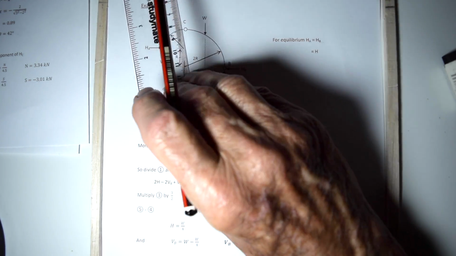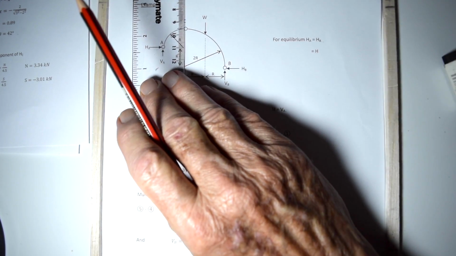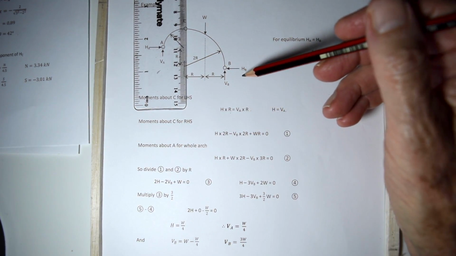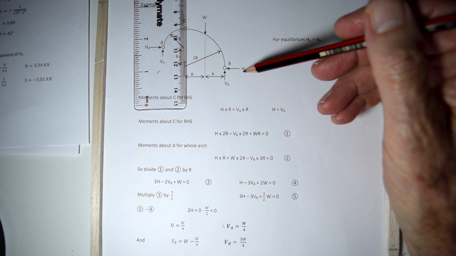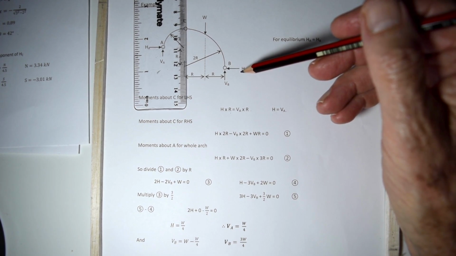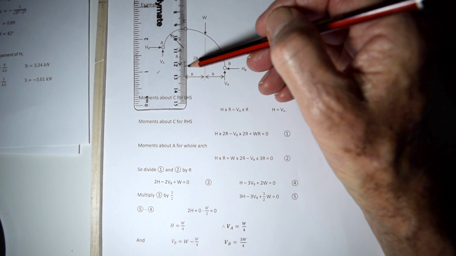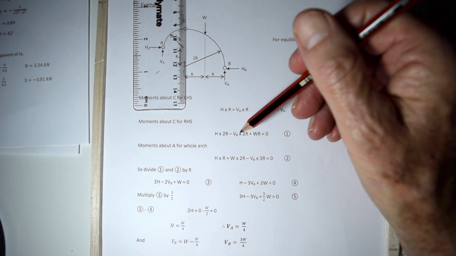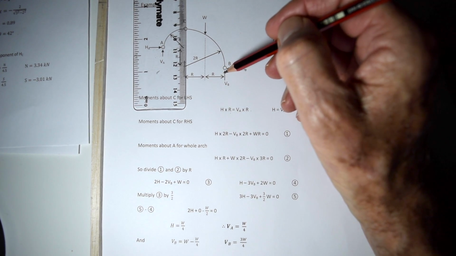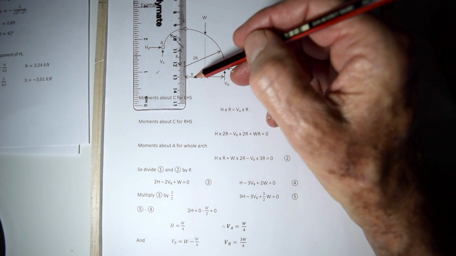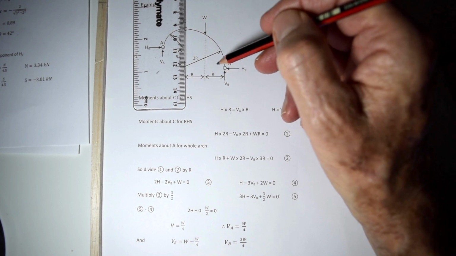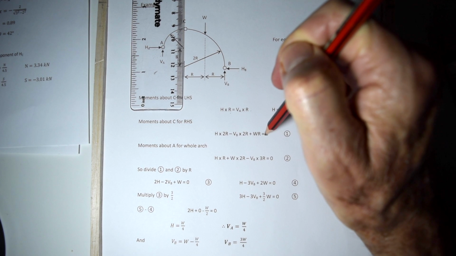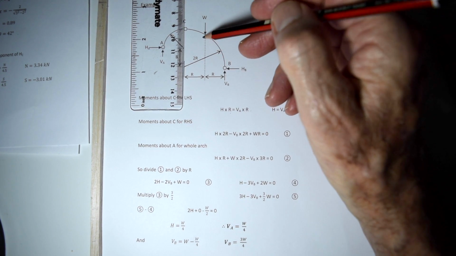We now take moments about C for the right-hand side of the arch, covering that side up. We have H times 2R going in a clockwise direction, minus VB times 2R, because VB is going anti-clockwise around that point and it is a dimension 2R away from the origin of the circle there, plus W times R, also going clockwise.